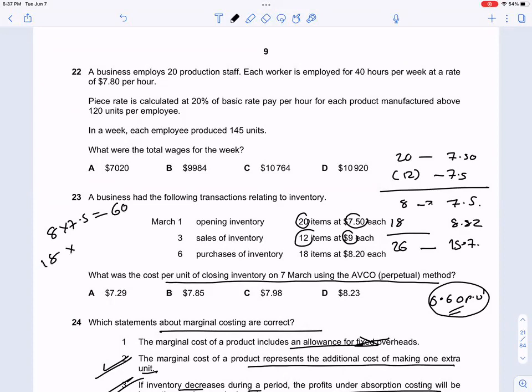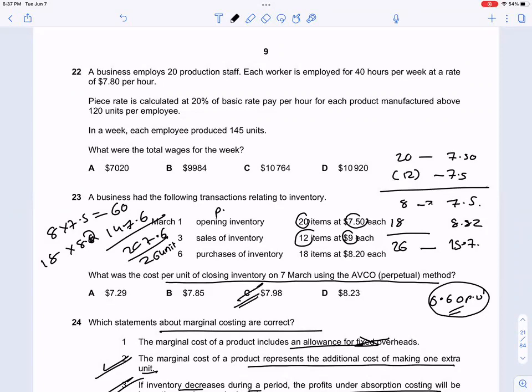And 18 into 8.2 is 147.6. What is the total cost? 147.6 plus 60, it is 207.6. 207.6 and 26 units. So per unit is 7.98.